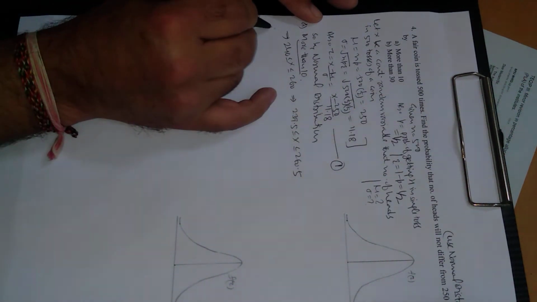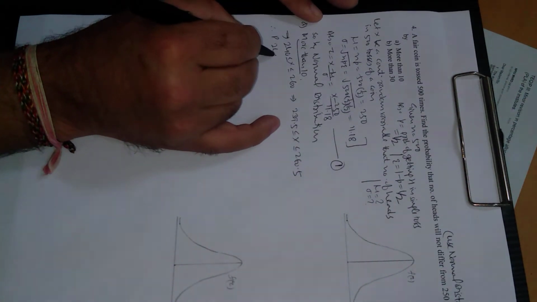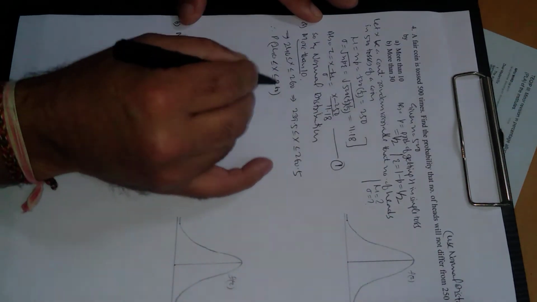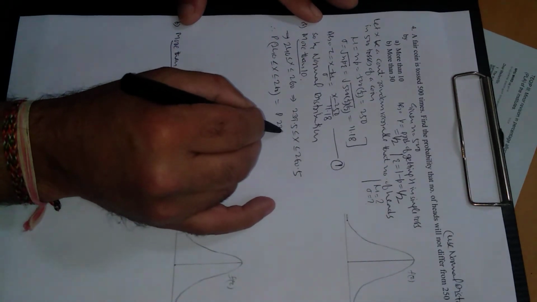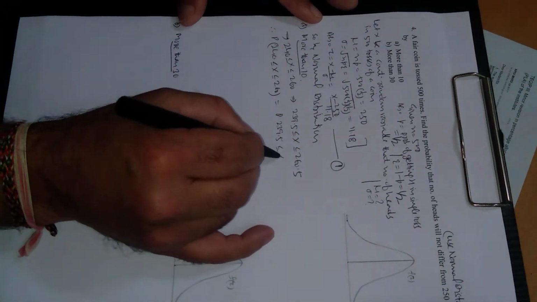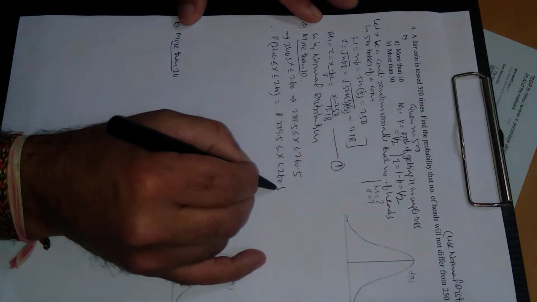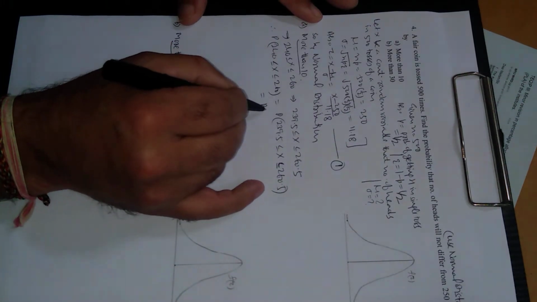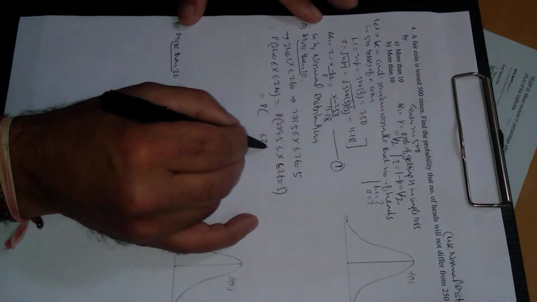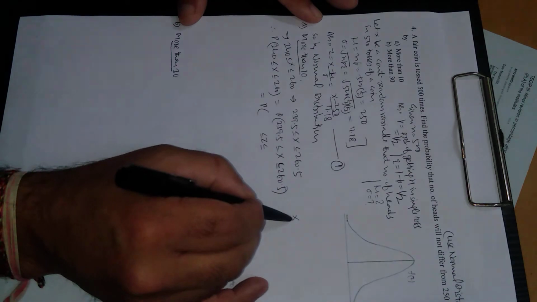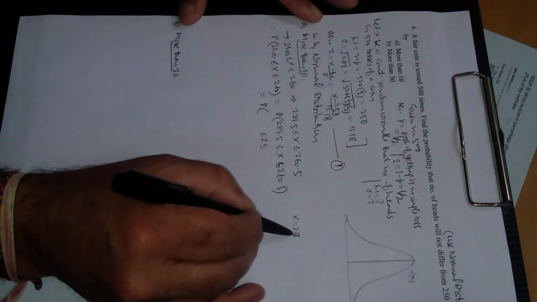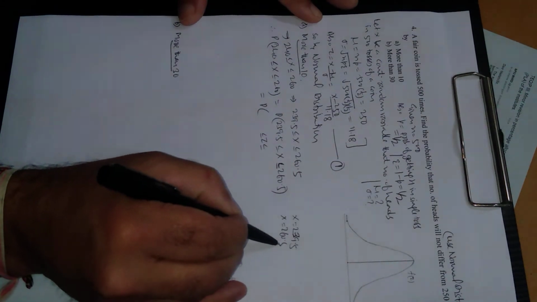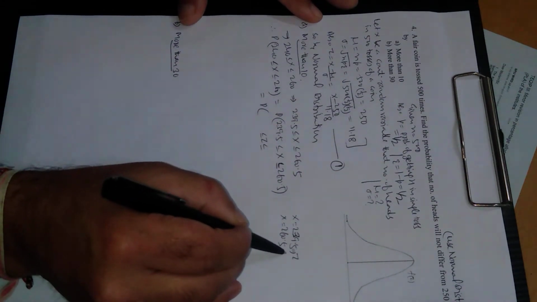Therefore probability 240 less than x less than 260 can be written as probability 239.5 less than x less than 260.5, which in z form can be written as follows. Here x is either 239.5 or 260.5, so we have to find z.